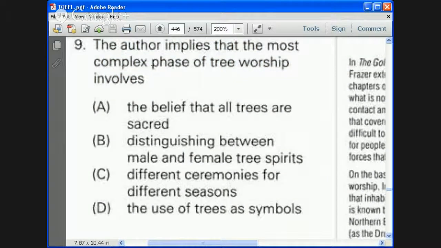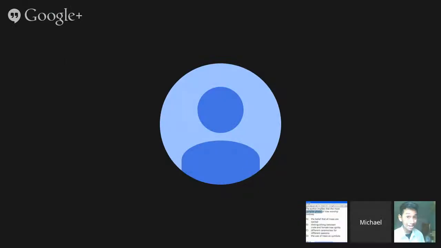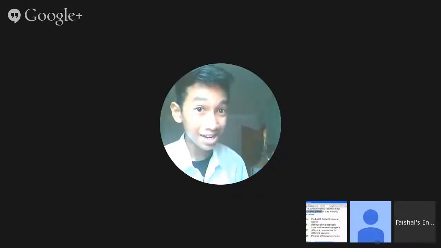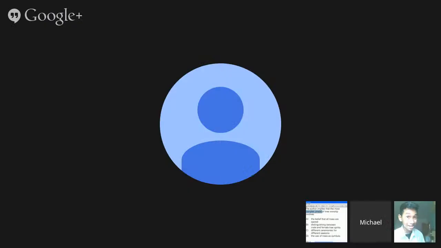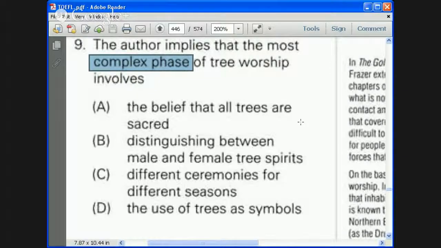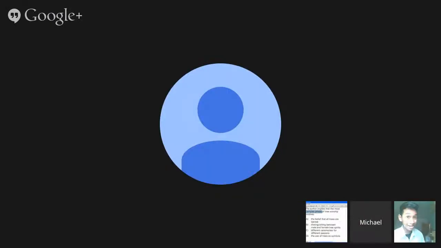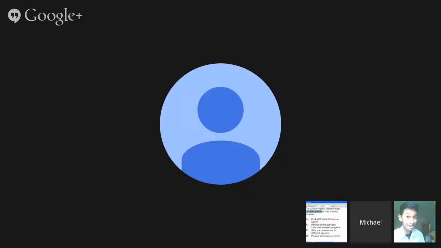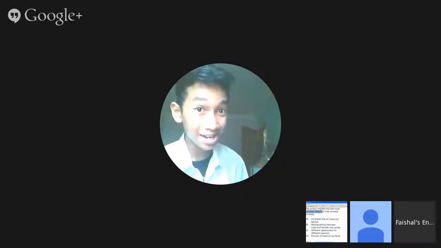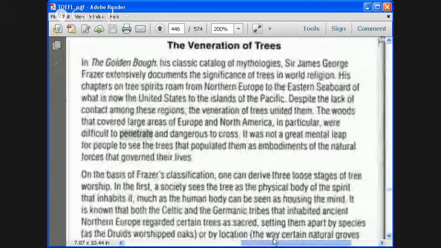Actually, remember phases 1, 2, 3. The answer has to be phase 1, 2, or 3, but we know that the third phase was the most complicated because it evolved over time, both logically and in the way the author presented it. So actually, this is not that hard. So we go to phase number 3? Yes, or we should know it. You should have paid attention in the beginning.